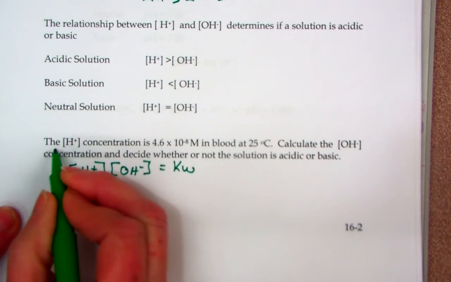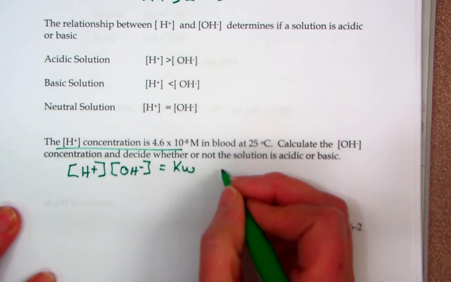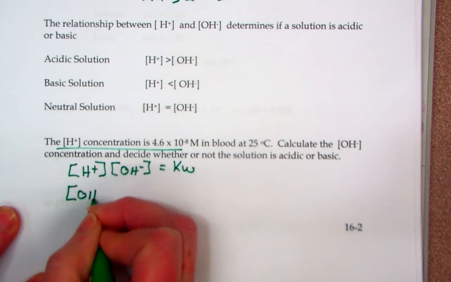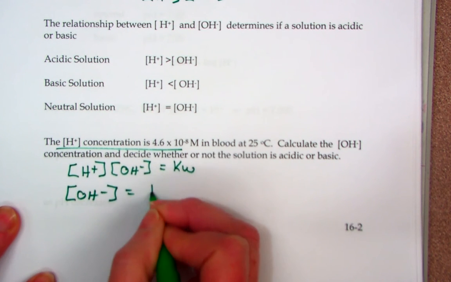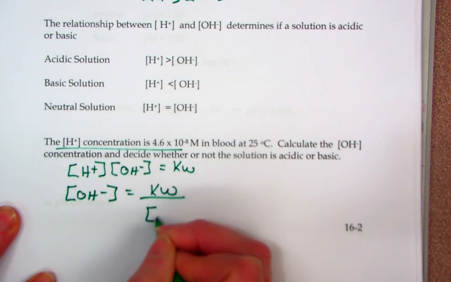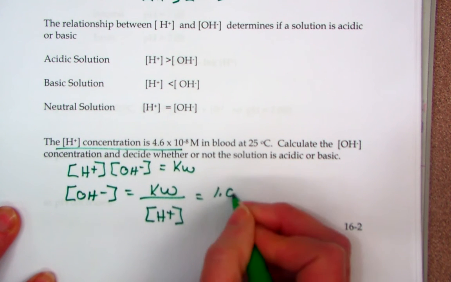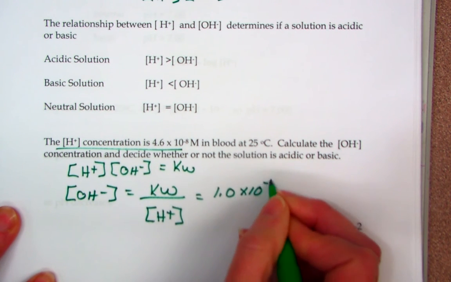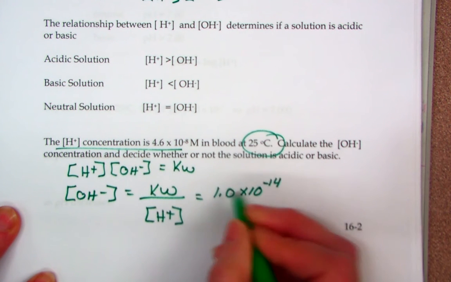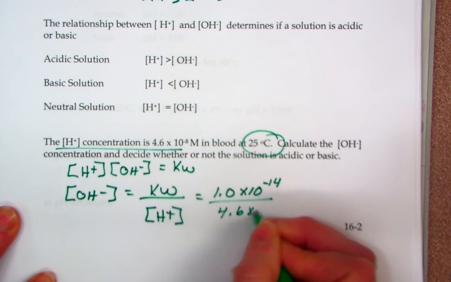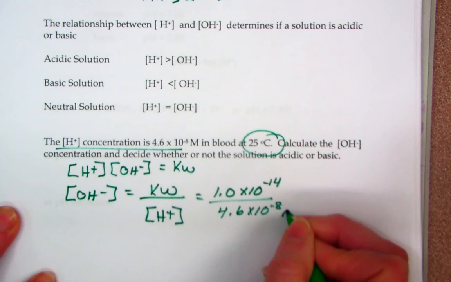I know the hydrogen ion concentration here, so the hydroxide concentration is equal to Kw divided by the hydrogen concentration, and that's equal to 1.0 times 10 to the negative 14th, because I'm at 25 degrees, divided by 4.6 times 10 to the negative 8th molar.